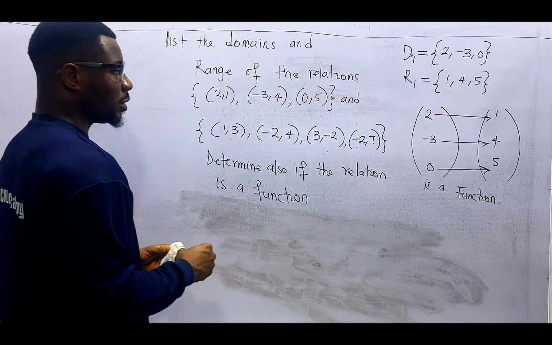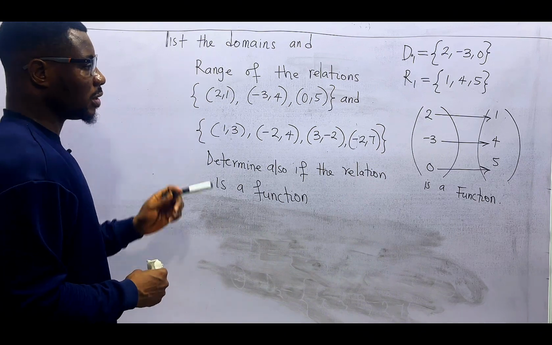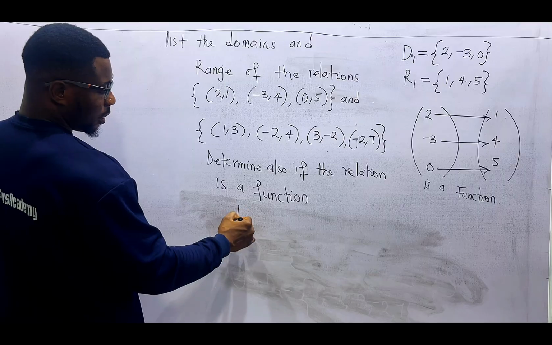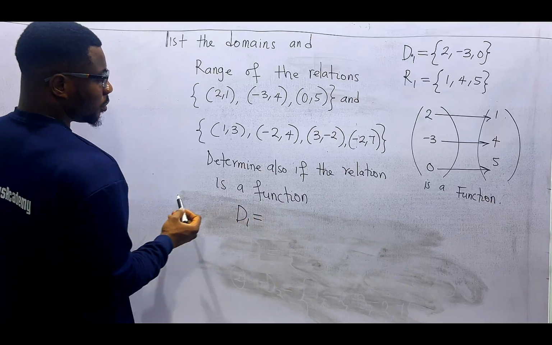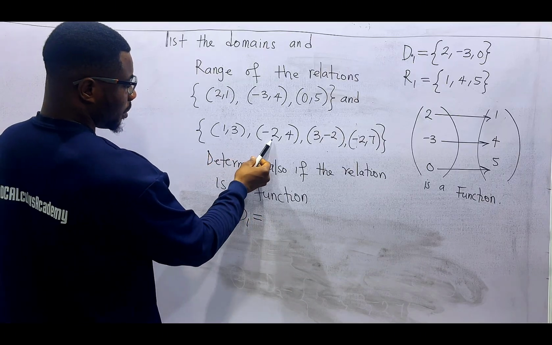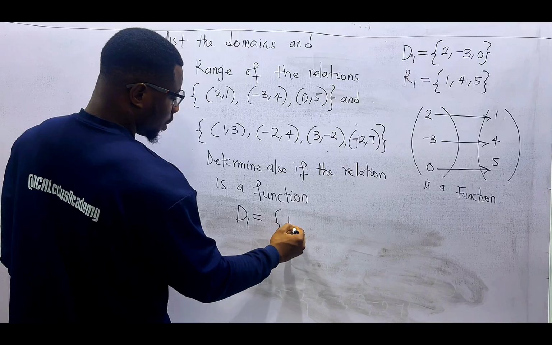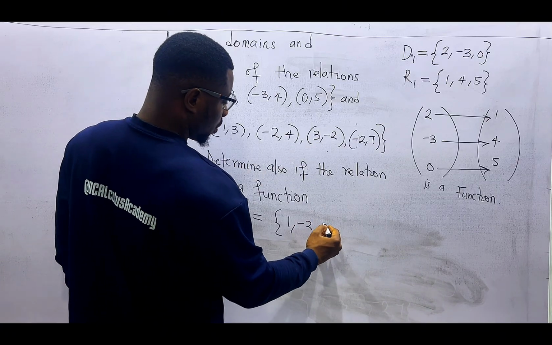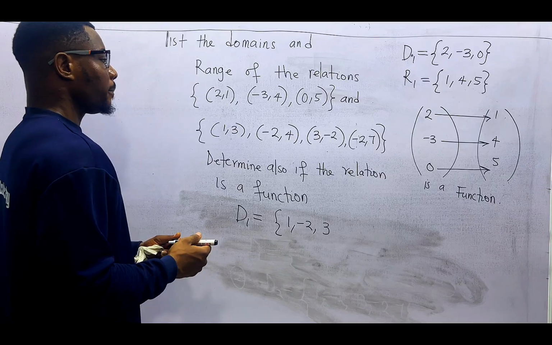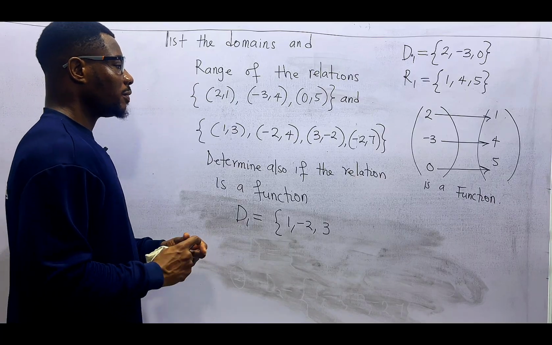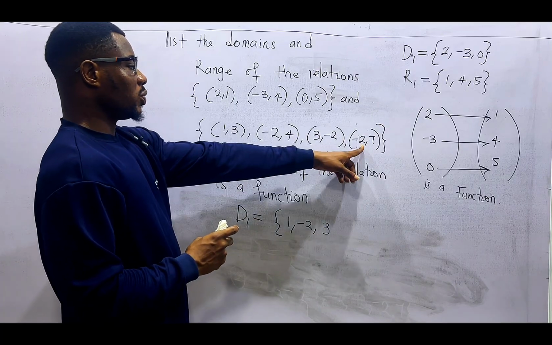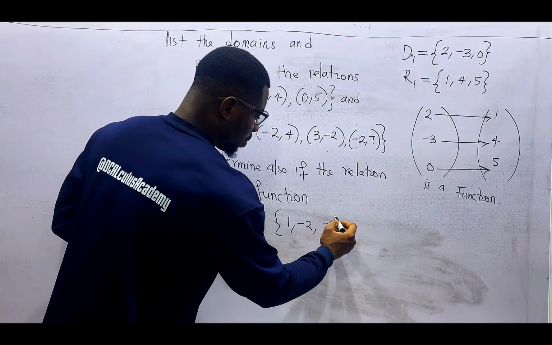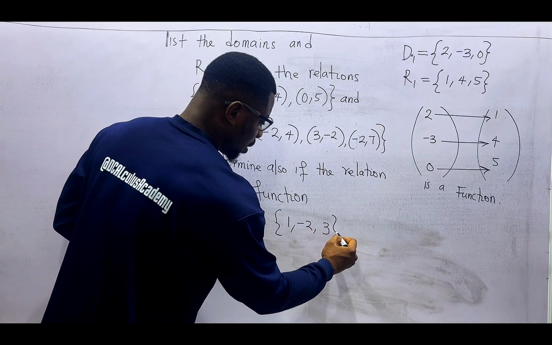Now let's check the second relation, which is this other relation here. The domain for the second one would be 1, minus 2, 3. However, you can see that we're already having a minus 2 here, so there's no need to write it again. So what we have is 1, minus 2 and 3.